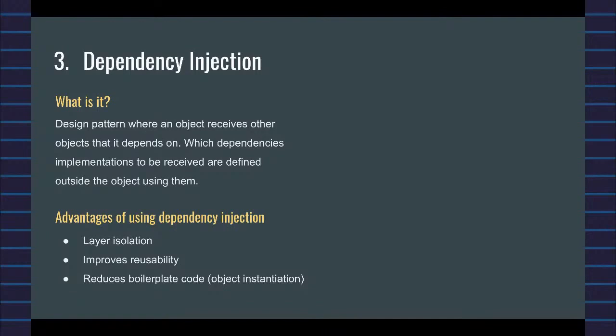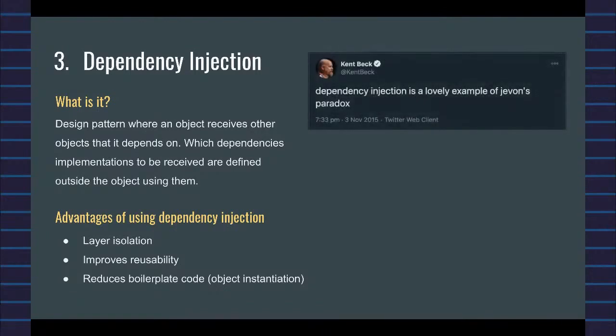And I want to end this part mentioning a tweet from Kent Beck. If you don't know Kent Beck, you need to Google it after the talk and check who this guy is. But basically, he's saying that dependency injection is a lovely example of Jevons paradox. You might not know what the Jevons paradox is, but let me explain it to you.